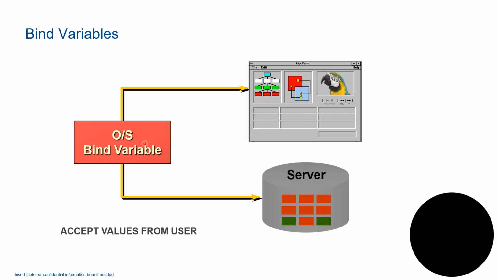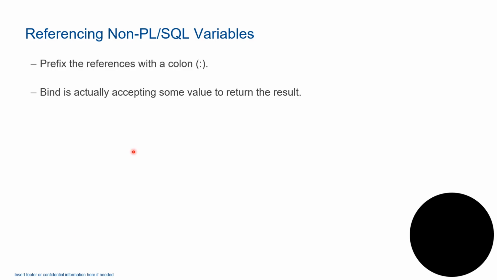Basically, if we want to say, give me all the records where department is mechanical, it will take the input value from the user and then fetch records based on that particular input. As you can see, it fetches everything from the server, and then based on that it generates some values. Okay, so these are bind variables.